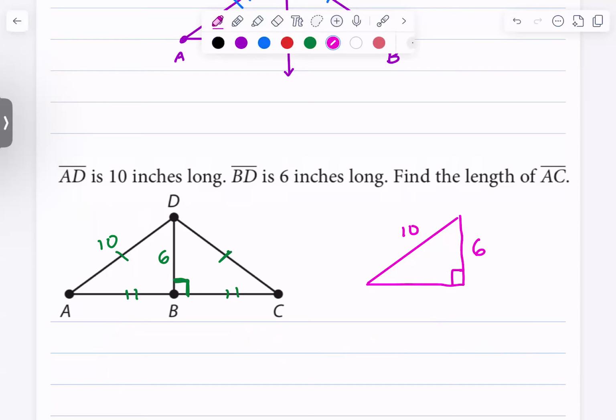So if a squared plus b squared equals c squared, remember that it doesn't matter what your a and b are or what you place as your a and b. The only thing that matters in this thing is c.